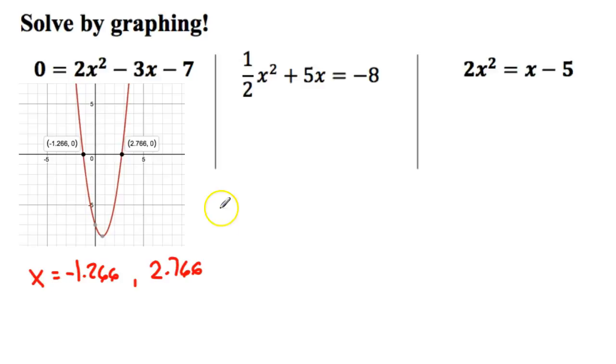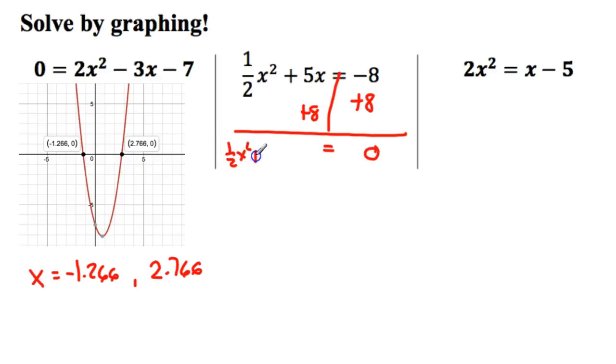This one over here. So before we can graph this, we need to make it equal 0. You can actually put it into Desmos, but with a graphing calculator you can't, so we should practice putting it equal to 0. So if I do a plus 8, this becomes 0, and I do a plus 8 on this side, I'll have 1/2 x squared plus 5x plus 8.